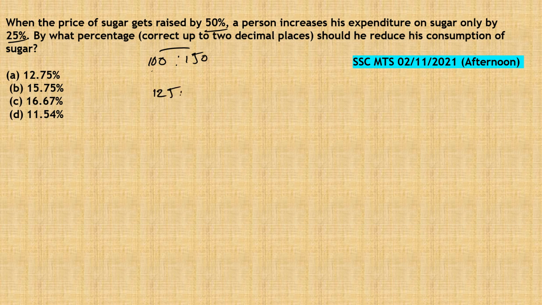That is an increase of 25%, and the price is 150. How much less is he getting? 25 less upon 150, the new price, into 100. That gives the percentage decrease in the consumption.